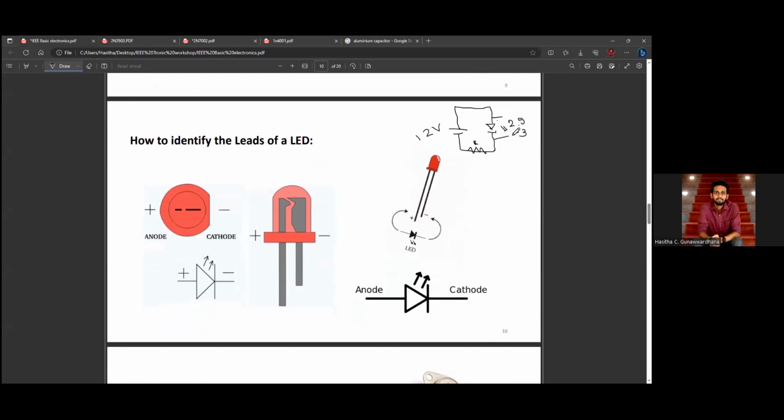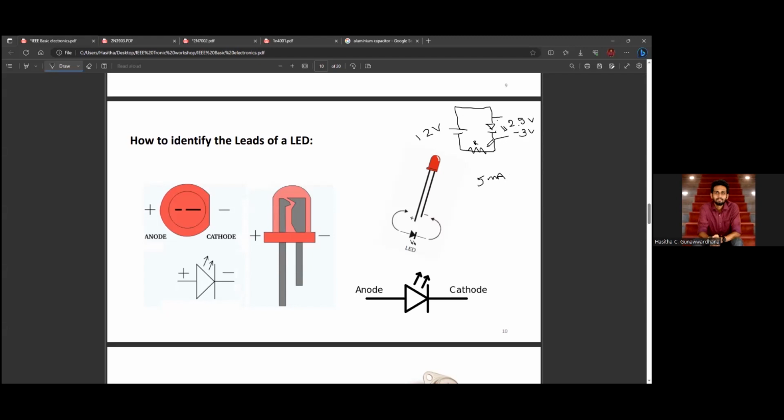But for a normal regular LED, this is the recommended voltage difference between these two terminals, and the recommended current is usually in the range of 5 milliampere, that can go up to 10 milliampere, and that is the usual limit.